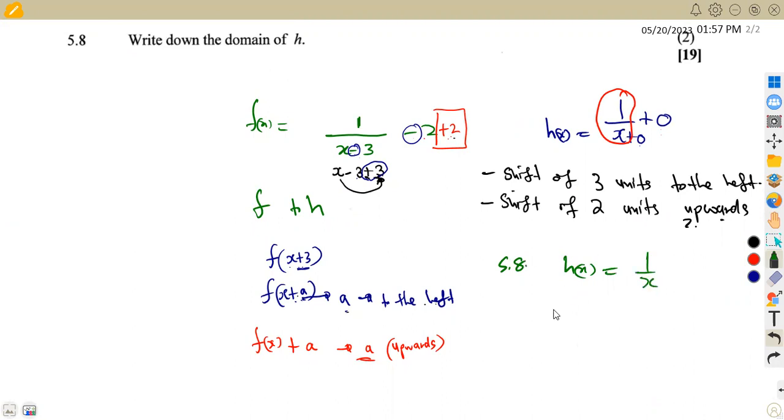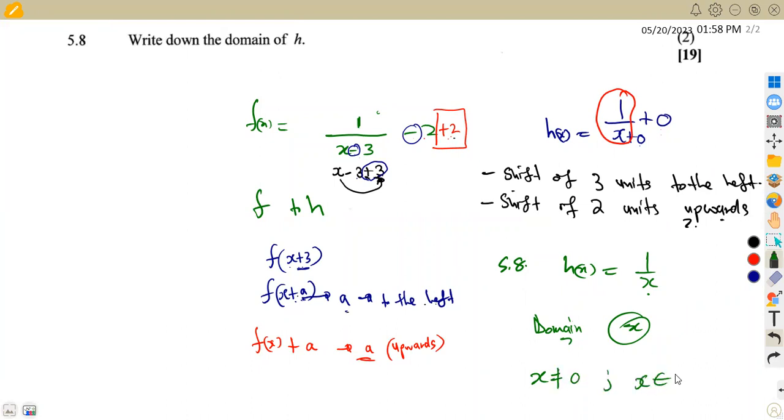So the domain, we are talking about the values of x, the limiting values of x. We know that our x in the denominator can never be equal to 0. We can't have our denominator equal to 0. So x can be any real number that you think of, but it cannot be 0. So we conclude that our domain is all values of x, but x cannot be equal to 0.